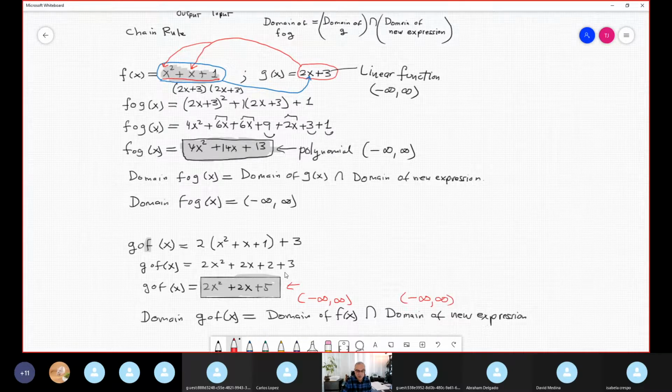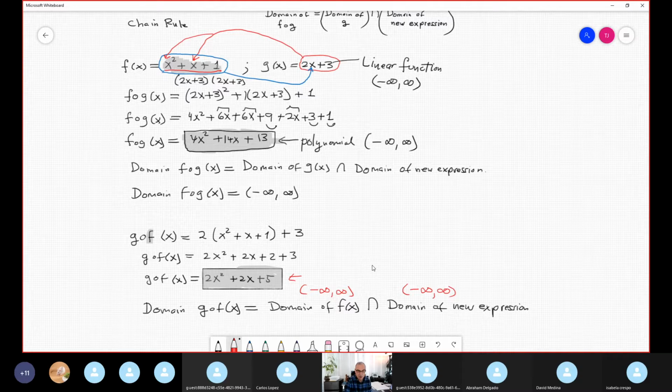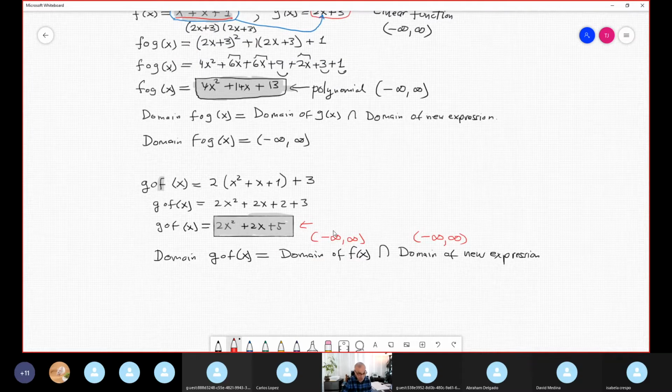In this example, there is a perfect coincidence que the domain is all real numbers. But it does not always happen. This depends on the problem, no? The domain of G composition F in this example is all real numbers. So far it's okay.